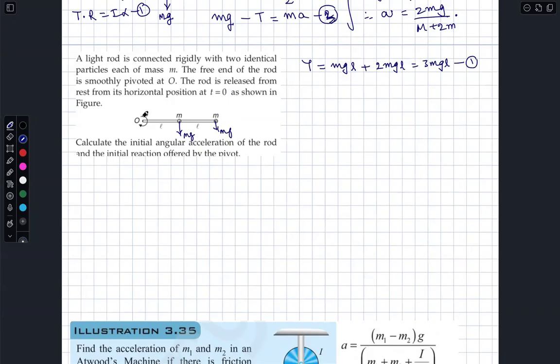And the moment of inertia about this point is, equation 2. That's all.